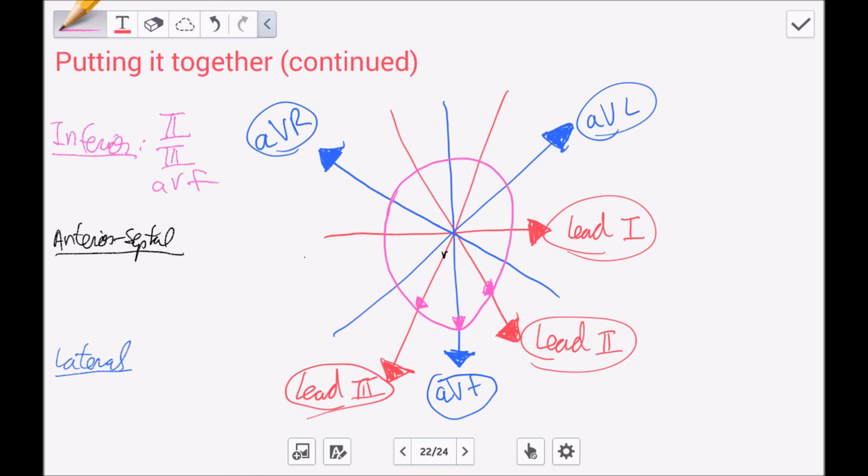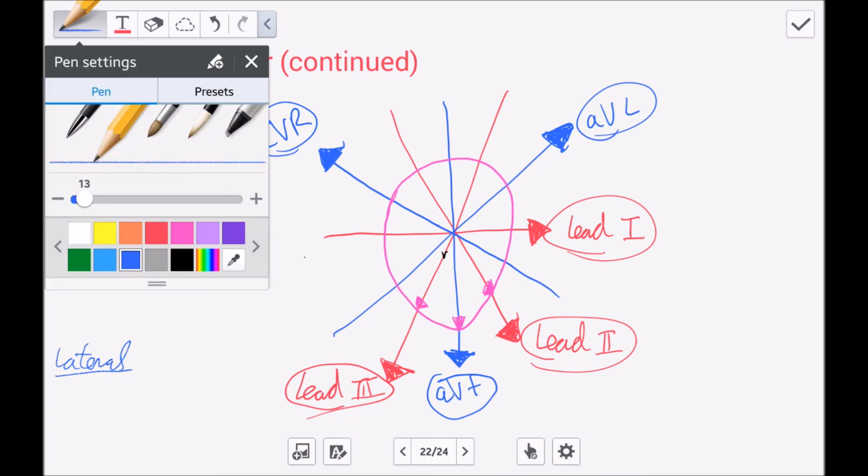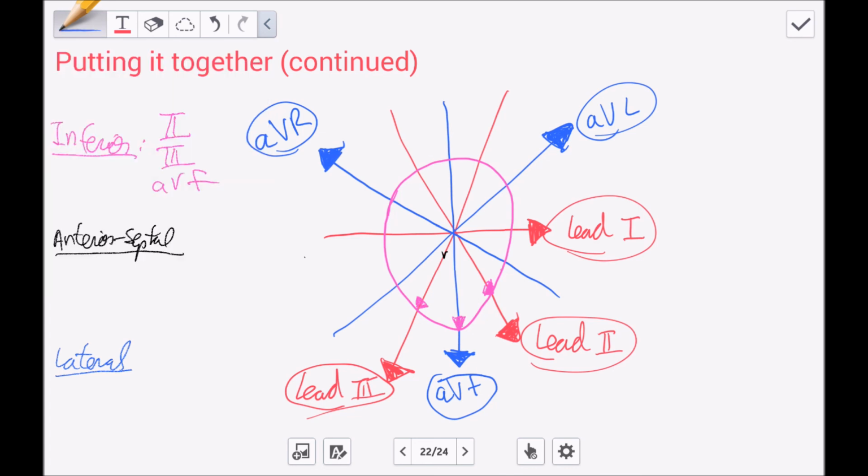Simple, huh? Now, we are going to skip anteroseptal leads for now, and we're going to jump to the lateral, and we'll come back to that. Okay? So lateral leads. Which leads look at the heart on the lateral side? Well, based on this, we can say that AVL looks at the lateral side of the heart, right?